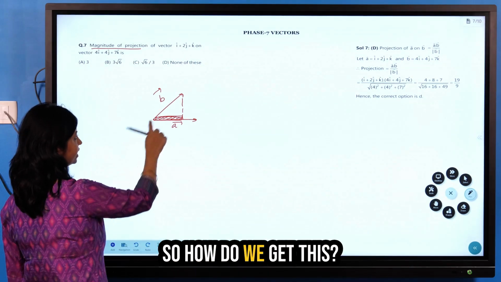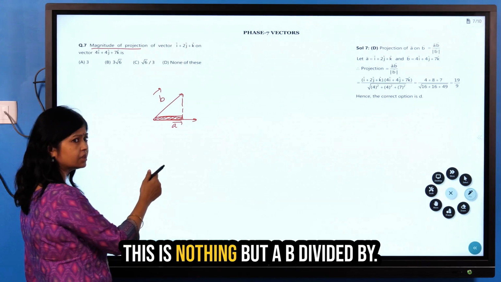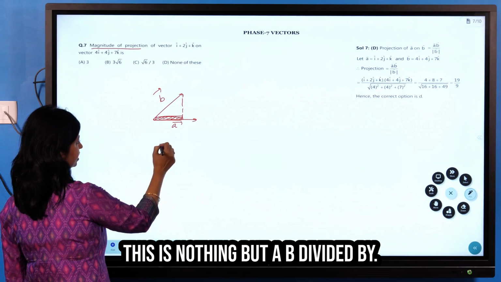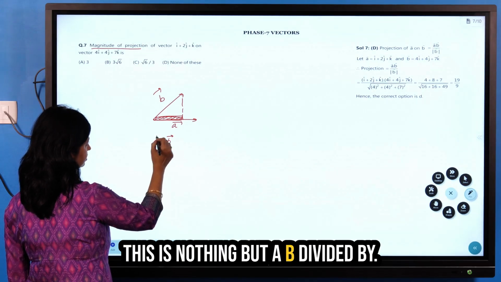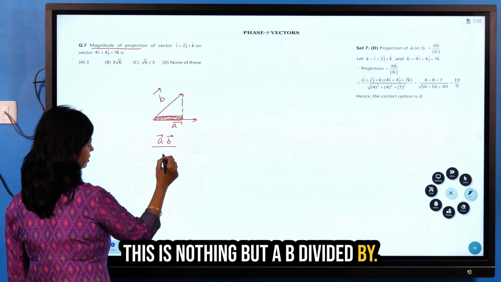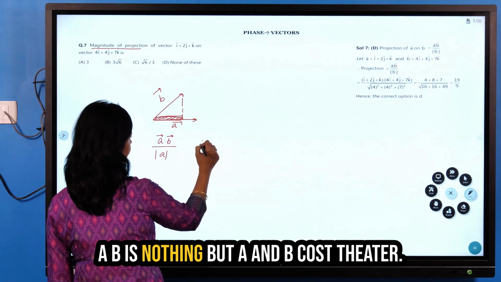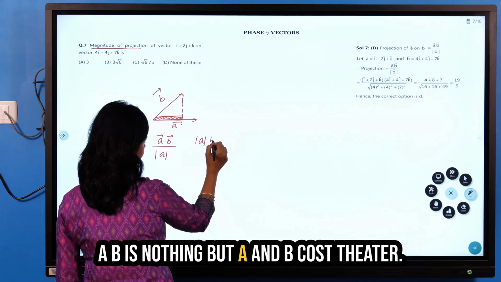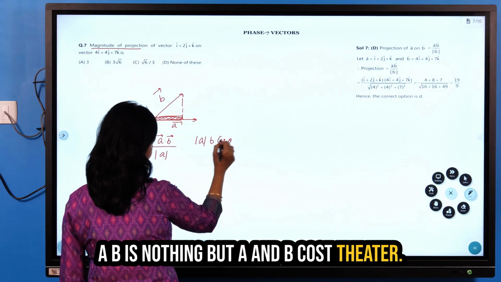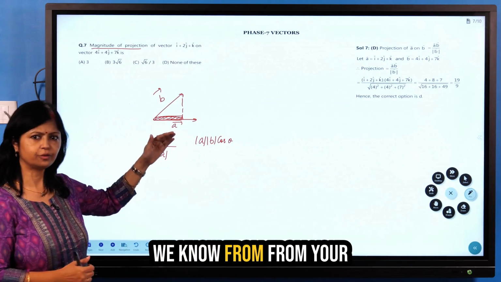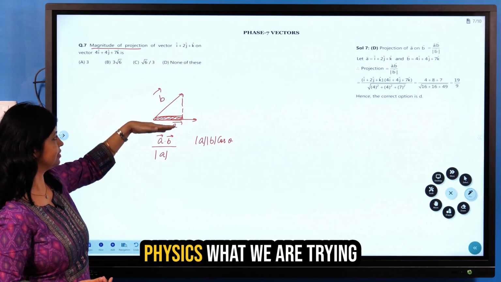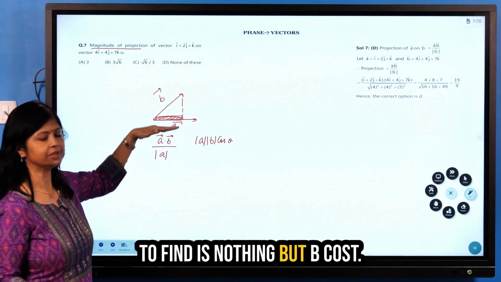So how do we get this? This is nothing but A dot B divided by magnitude of A, because A dot B is nothing but magnitude of A and magnitude of B cos theta. We know from your physics, what we are trying to find is nothing but B cos theta.